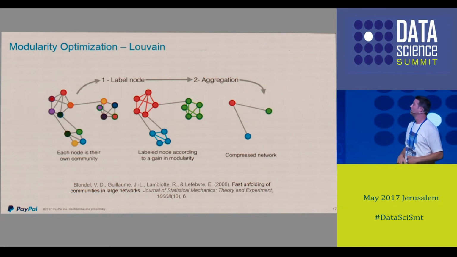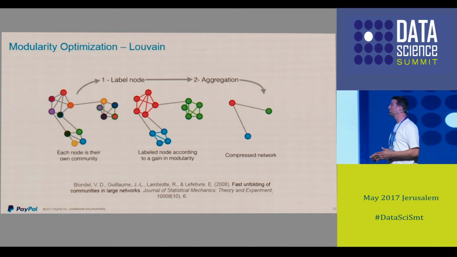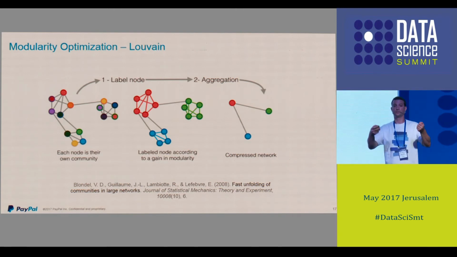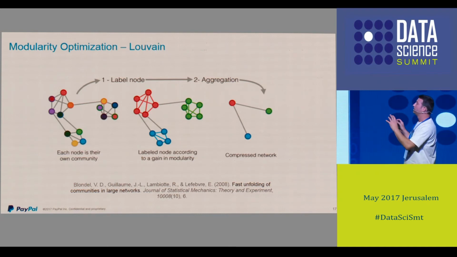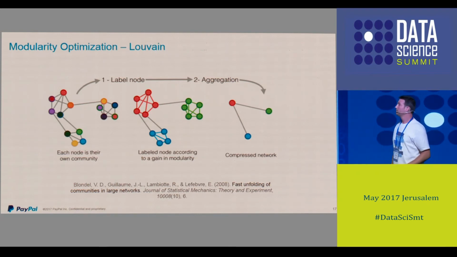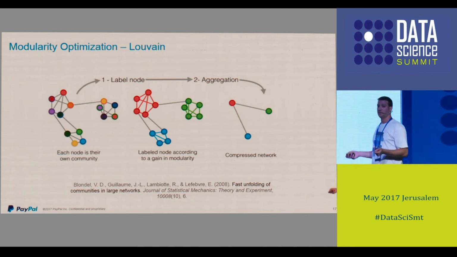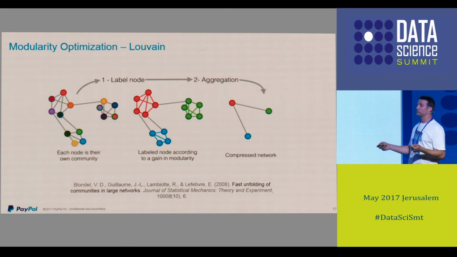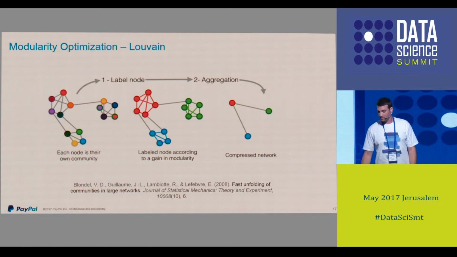Its cons are that because it's based on a greedy process, we are not guaranteed to converge to the global optimum. And it also has a little problem known as the resolution problem, which says that because we are trying to optimize a global measure, it's not very sensitive to small local changes. So this is the Louvain algorithm.